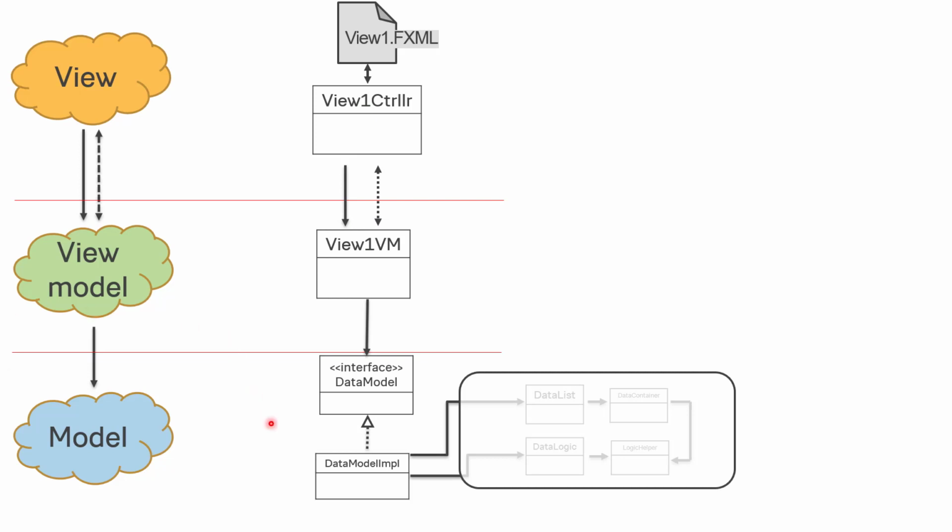Then we have the model part, and the model is usually hidden by an interface. There's a good reason for that, and it may greatly help you when you do the semester project, because when you use interfaces, it will often help you divide the work between group members.